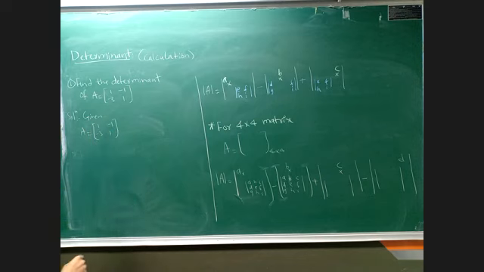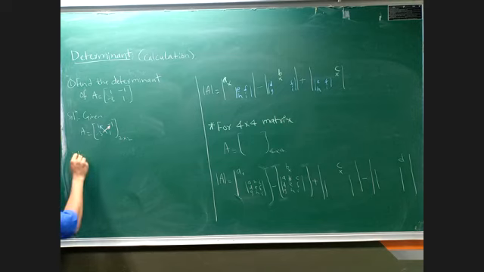Okay, so now for finding the determinant in case of a 2 by 2 matrix, we just need to multiply in a cross way. So here what I suggested, red and blue. Okay, so whenever we multiply these in a cross way, blue will be positive and red will be negative.